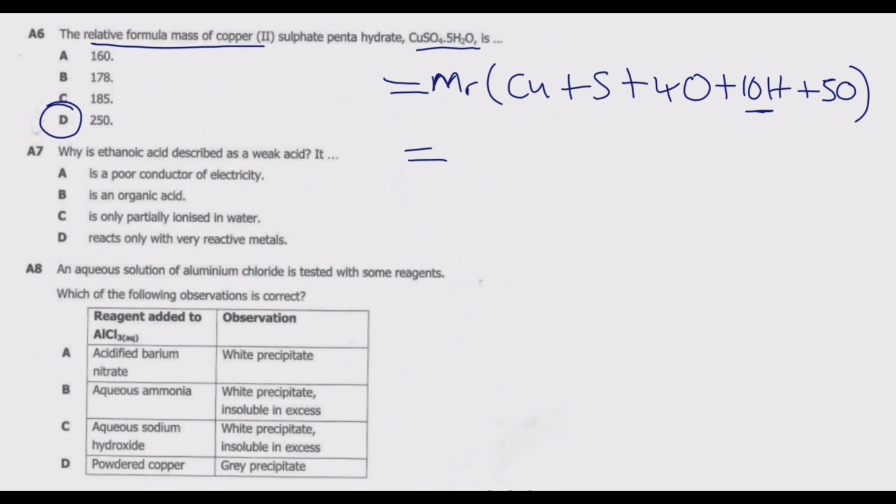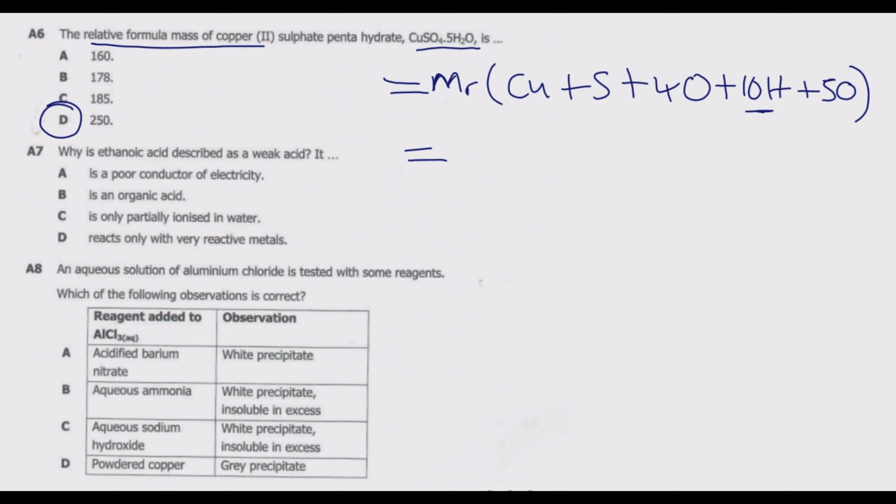Number 7, why is ethanoic acid described as a weak acid? We have two types of acid, weak acids and strong acids. An acid is said to be weak if it partially ionizes in water.